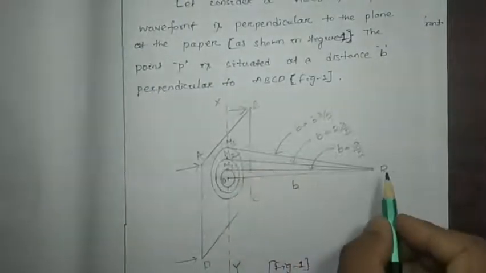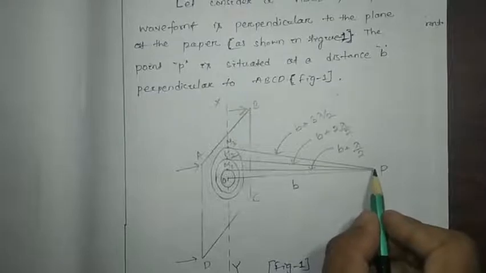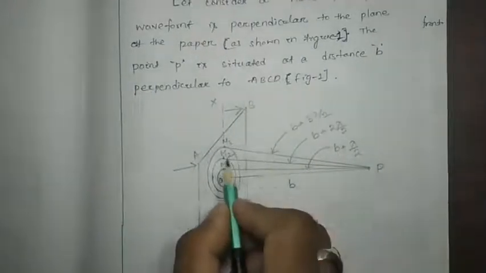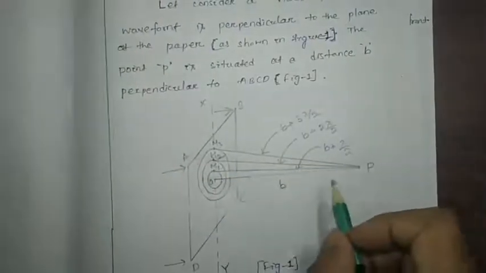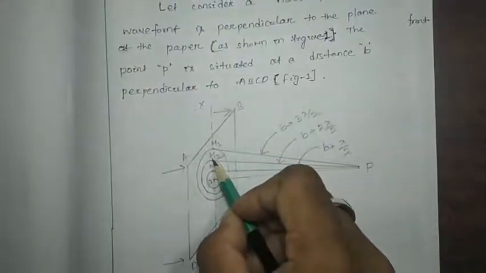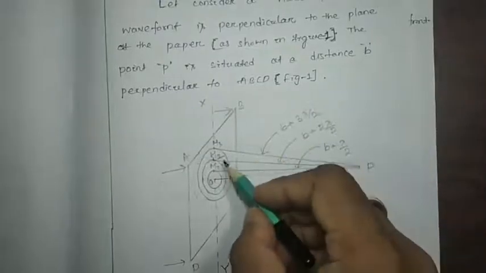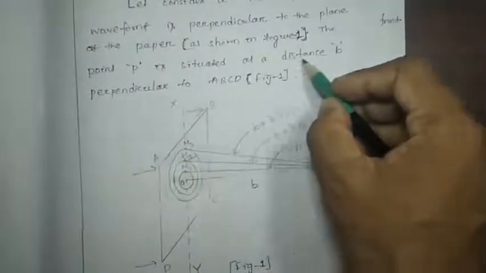Likewise, if we consider a sphere of radius PM2, that is b plus 2 lambda by 2, that means this much sphere.